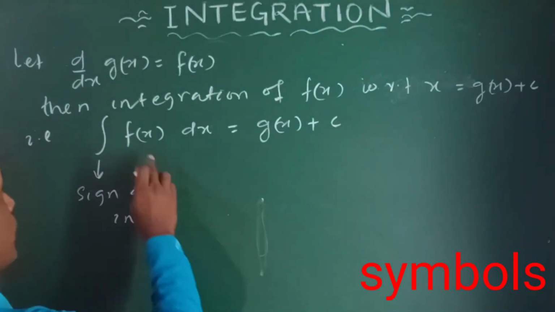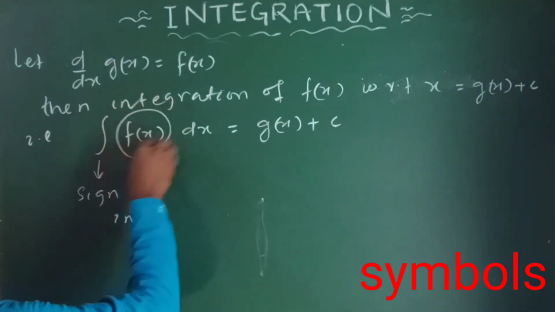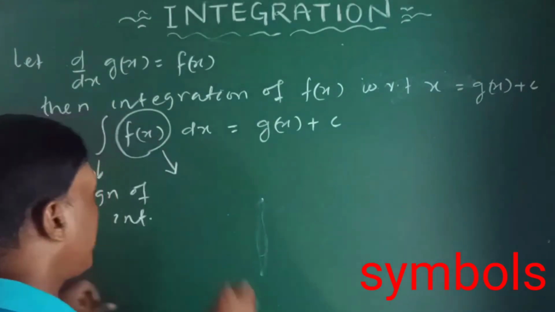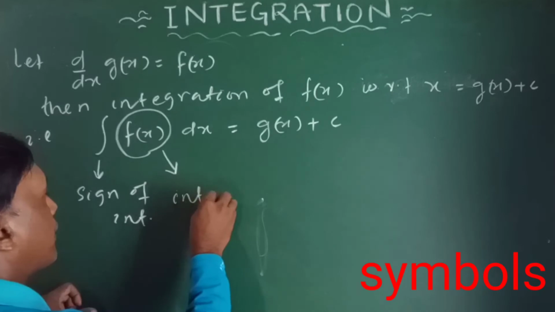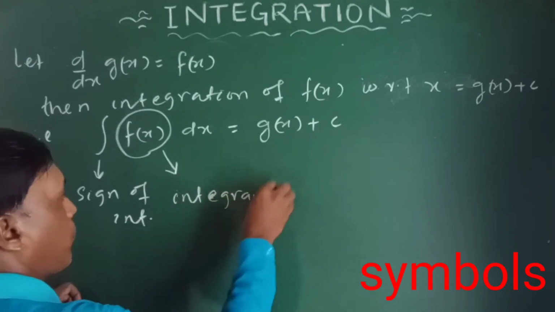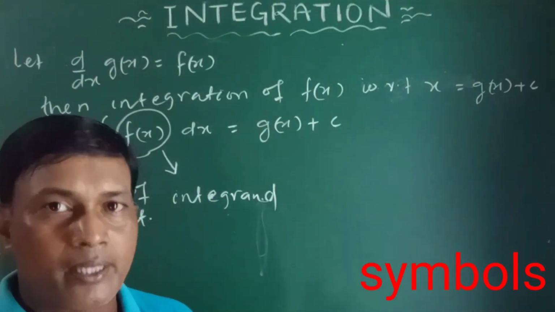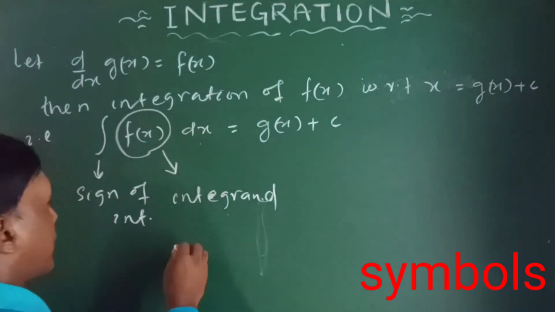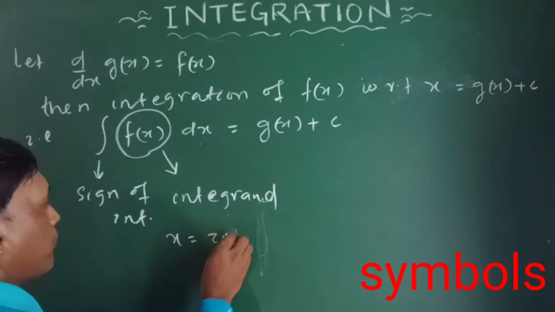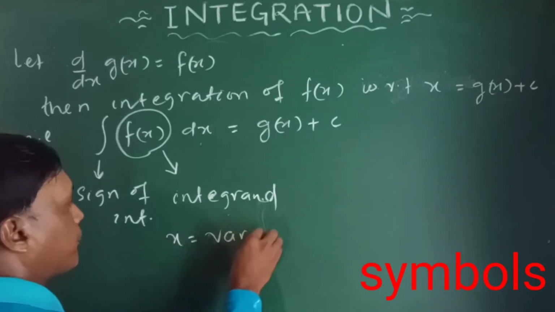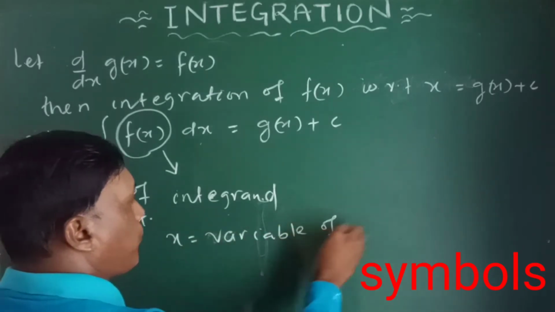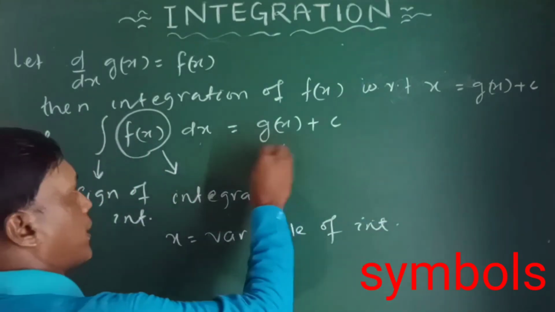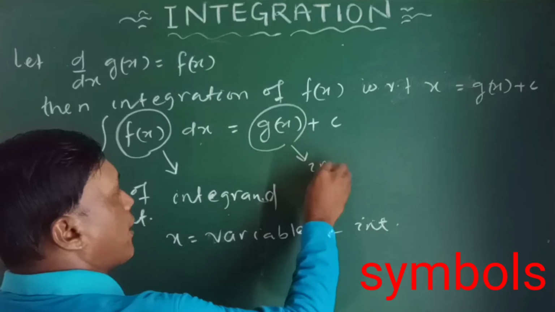Now here we are integrating the function f of x. The function which is to be integrated is known as the integrand, and this is dx, and x here is the variable of integration, and g of x is the integral.